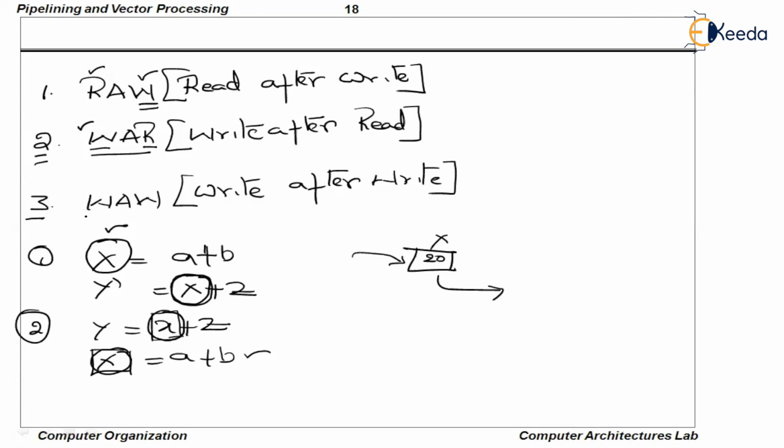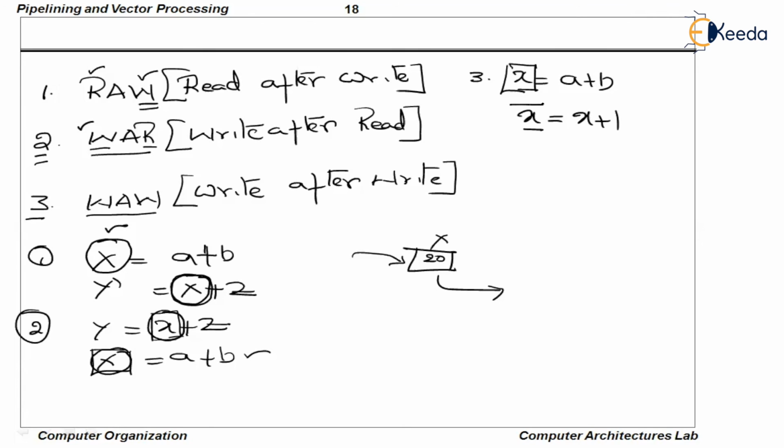The third one is WAW. Let me show you one example. The example for the third one is x is equal to a plus b and x is equal to x plus 1. Here you can clearly see that for both instructions, the output will be the same.